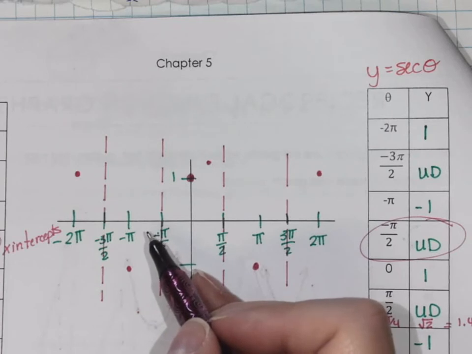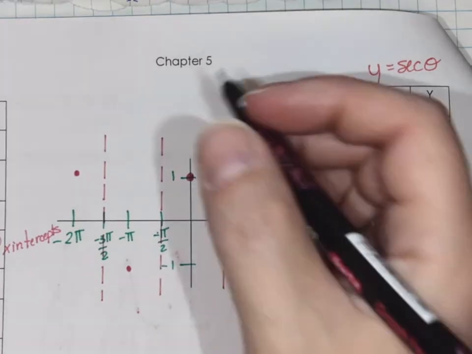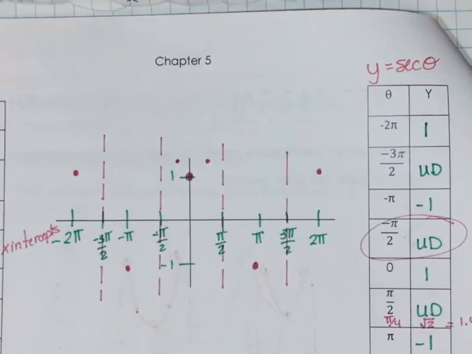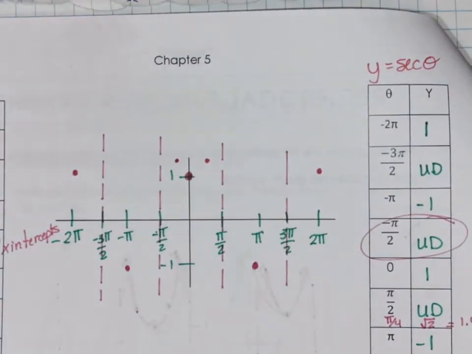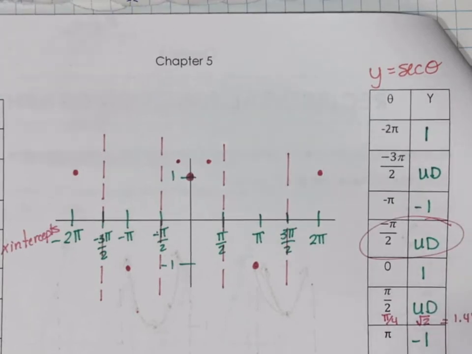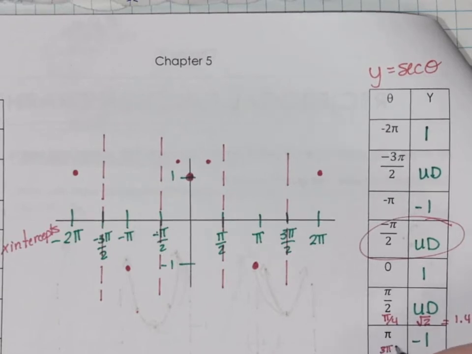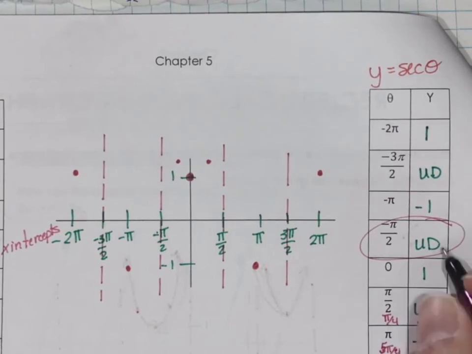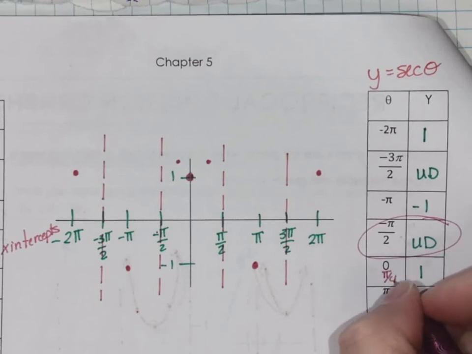And now, don't think too hard about it. At pi, this would be 3 pi over 4. Nope, that'd be 5 pi over 4, sorry. I put this in the wrong place. This should be pi over 4 right here. And that should be root 2, and that should be a positive 1.14. This should be 3 pi over 4. But at 3 pi over 4, I'm at a negative root 2, so that's going to be negative 1.4. This one would be 5 pi over 4.